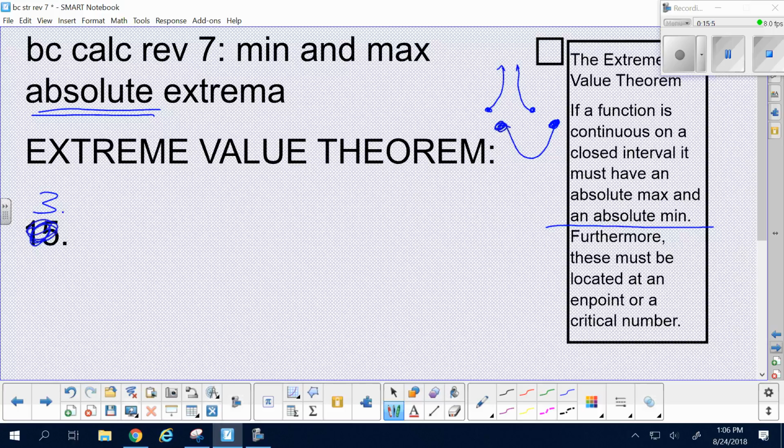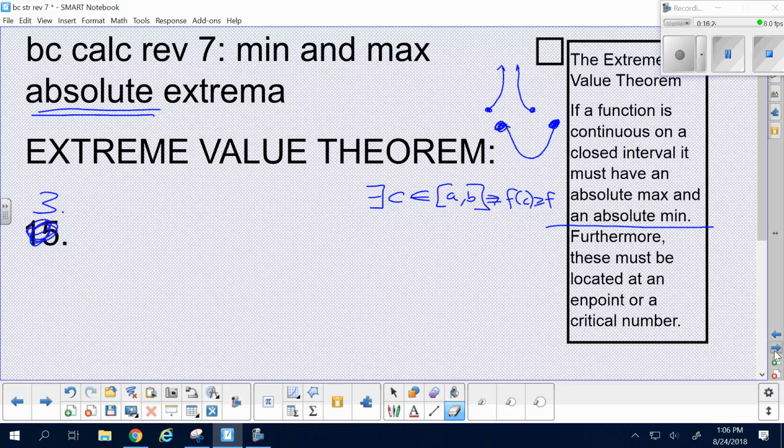Now, when I say absolute max, in a proof, you're often not looking for the words absolute max. It's this terrible bit of math speak, something like there exists, which is a backwards E, a C contained in the set A to B such that F at C is greater than or equal to F at all other x's.